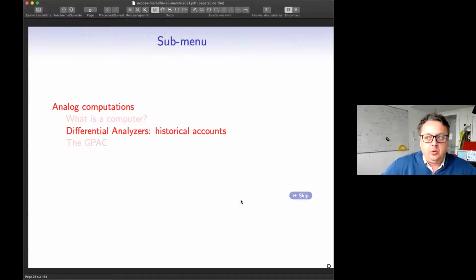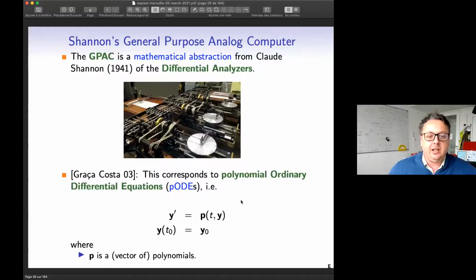I showed you one using pictures, but I will not really talk about differential analyzers, just show you one. What I'm going to use is the abstraction from Claude Shannon of these machines. So the GPAC, General Purpose Analog Computer, is a mathematical abstraction due to Claude Shannon of the differential analyzers. Differential analyzers were mechanical machines of the time of Shannon.